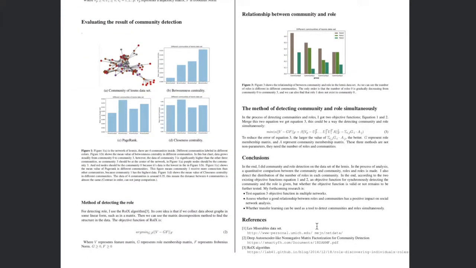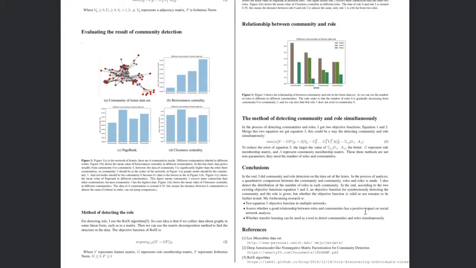The third further research is to find whether I can use transfer learning to detect communities and roles, because transfer learning is a new technology, and inside it has multitask methods.